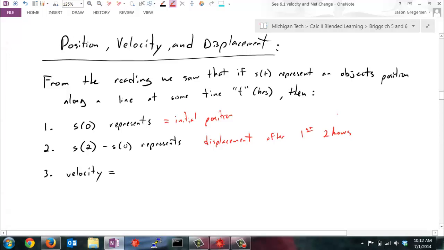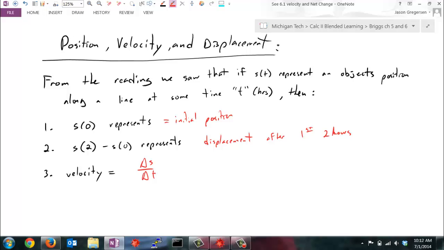And next we want to talk about velocity. Well, velocity is kind of like the change of position over the change of time. Sort of. That would give us an approximation for velocity, right? Maybe an average velocity.